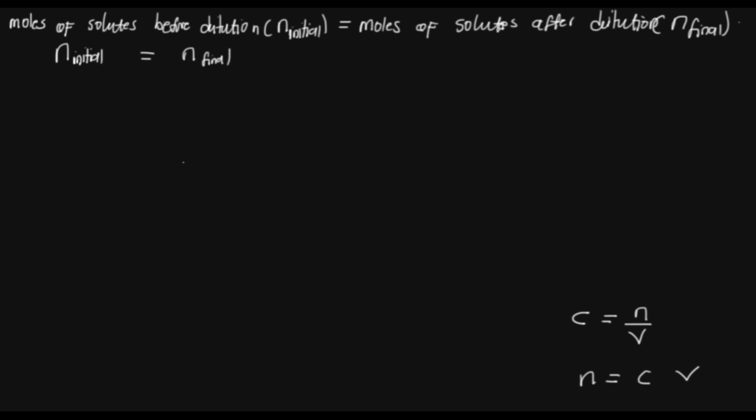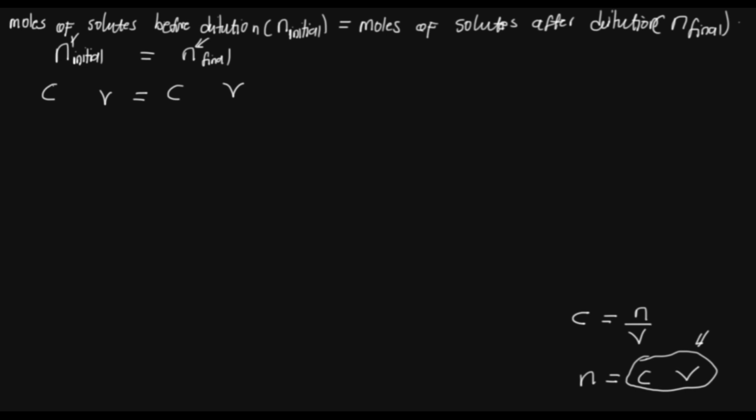So here where there is N, we are going to substitute with this part because we know that number of moles is equal to concentration times V. So here we are going to have C times V is equal to C times V. So where there is N, we have substituted with this part here.